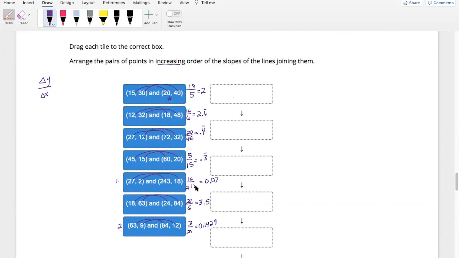And going according to our decimals, the 0.3 repeating would be next. Then the 0.4 repeating. 2.6 repeating, and last, the largest slope, the one with the steepest line, 3.5 there, would be our last one to drag over there.